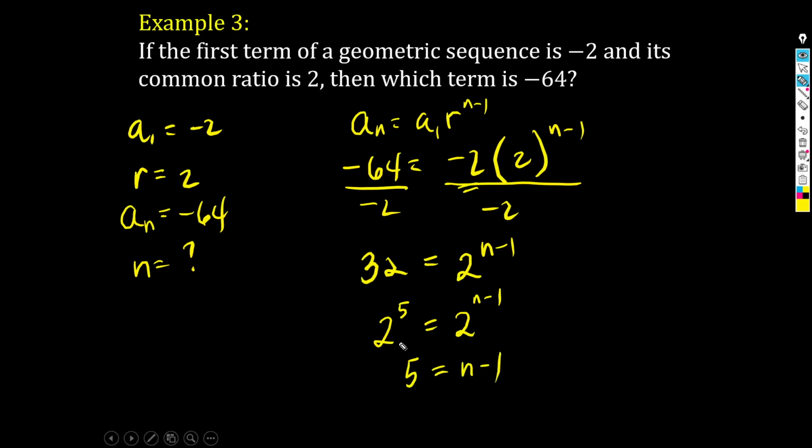After one very simple application of the equal-bases property, n is equal to 6. So negative 64 is the 6th term. A sub 6 is negative 64. Okay?